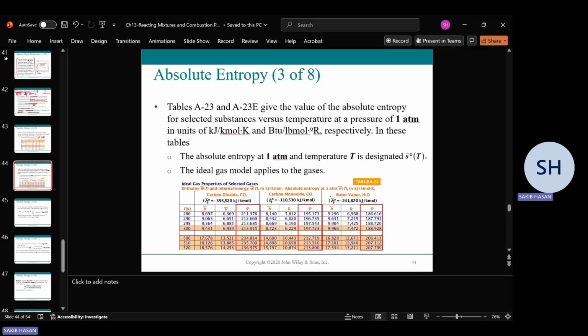They're also talking about how you can use tables A23 and A23E, which is the empirical, to give the value of the absolute entropy for selected substances versus the temperature at a pressure of 1 atm. So essentially the standard state.